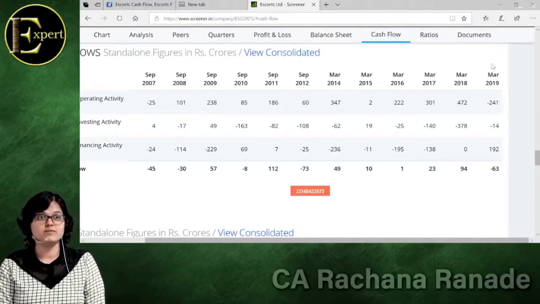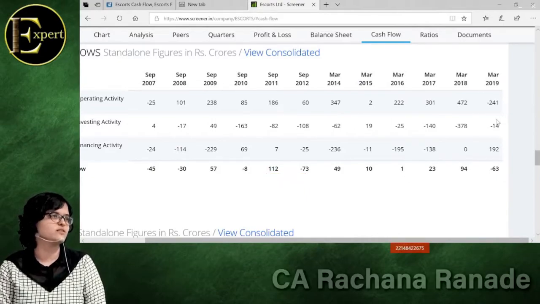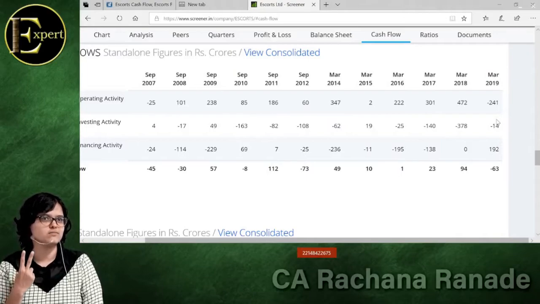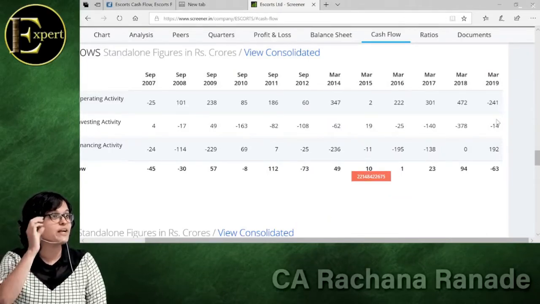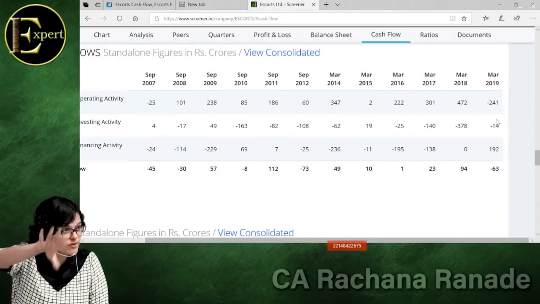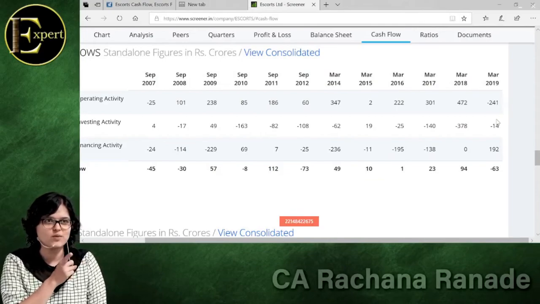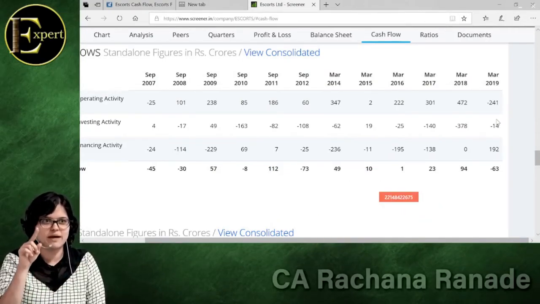Maybe it is because of inventory. Lot of funds are locked in inventory. That is the only reason why operating cash flows might be negative. So 2 down. One is free cash flow, which is operating minus your fixed assets. See how our theories are working. Okay, so for free cash flow it's a minus again.